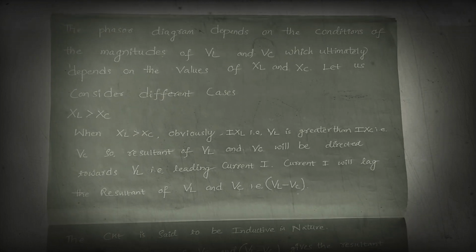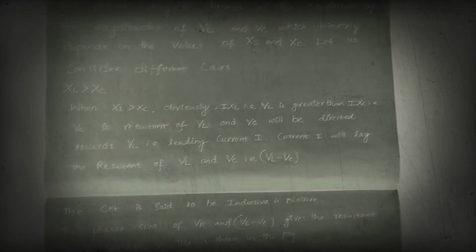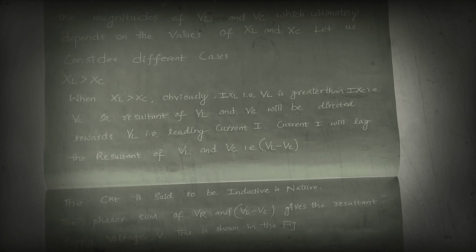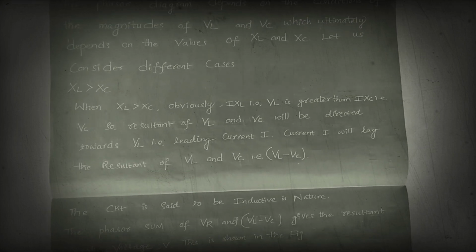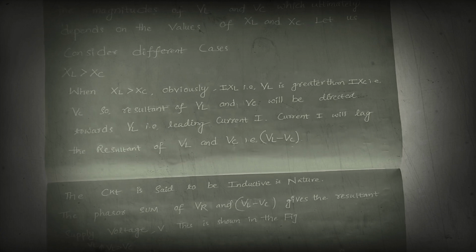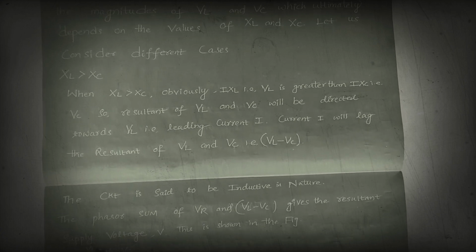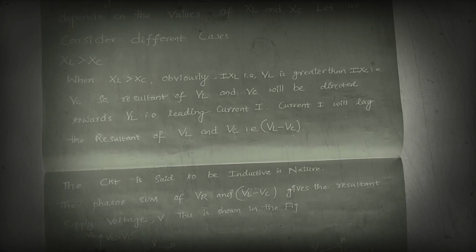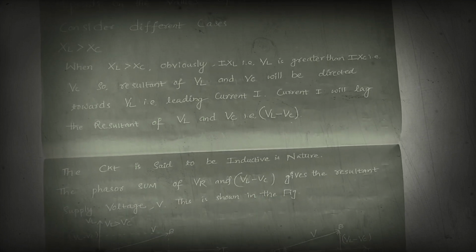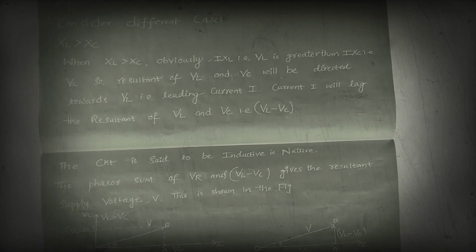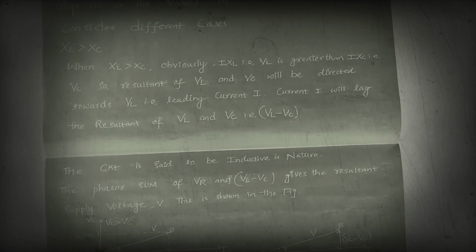Let us consider different cases. First case: XL greater than XC. When XL is greater than XC, obviously I XL, that is VL, is greater than I XC, that is VC. So the resultant of VL and VC will be directed towards VL, which is leading current I. Current I will lag the resultant of VL and VC, that is VL minus VC.